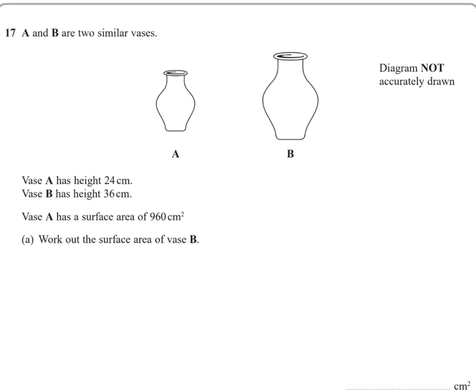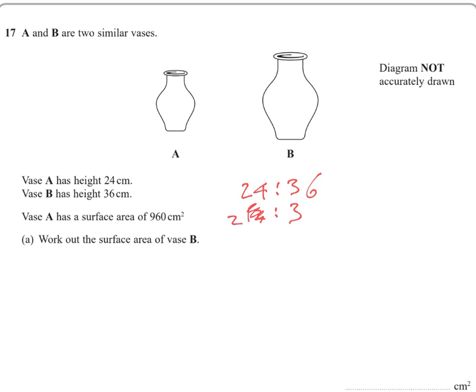Okay, A and B are 2 similar vases. Vase A has that. So the lengths are in the ratio 24 to 36. So that's 12. Well, let's just divide it by 12. That's 2 to 3.